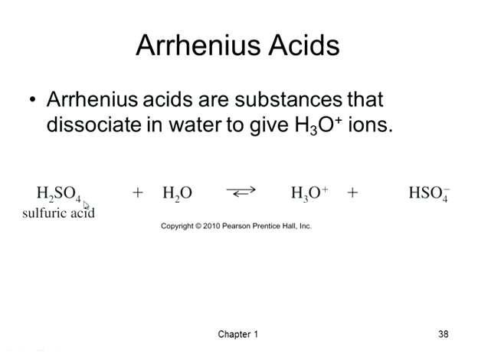Basically, an Arrhenius acid will end up creating H3O plus in the product if it's in water. So an acid has to have hydrogen connected to it. You have to have hydrogen on the structure to be an acid. And one way you can tell if something can be acidic, do you see here how the hydrogens are listed first? That's a huge hint that it's going to be acidic. So basically, an Arrhenius acid has a hydrogen connected to it.